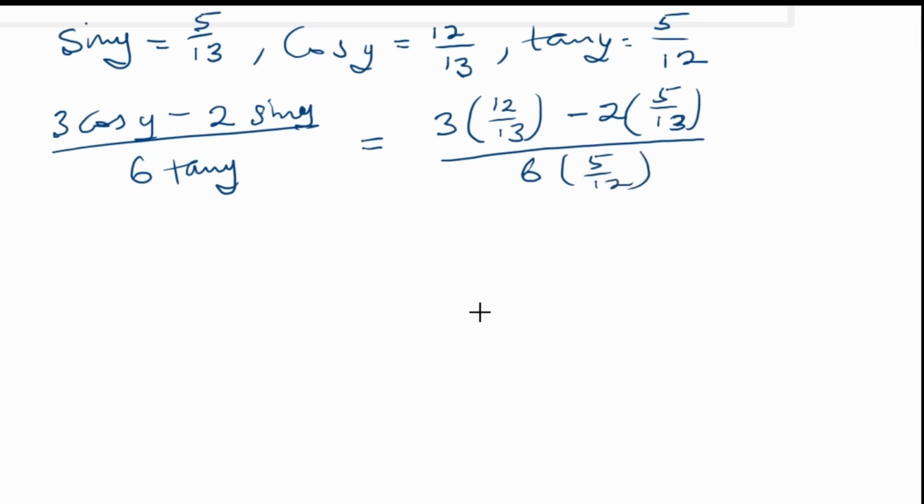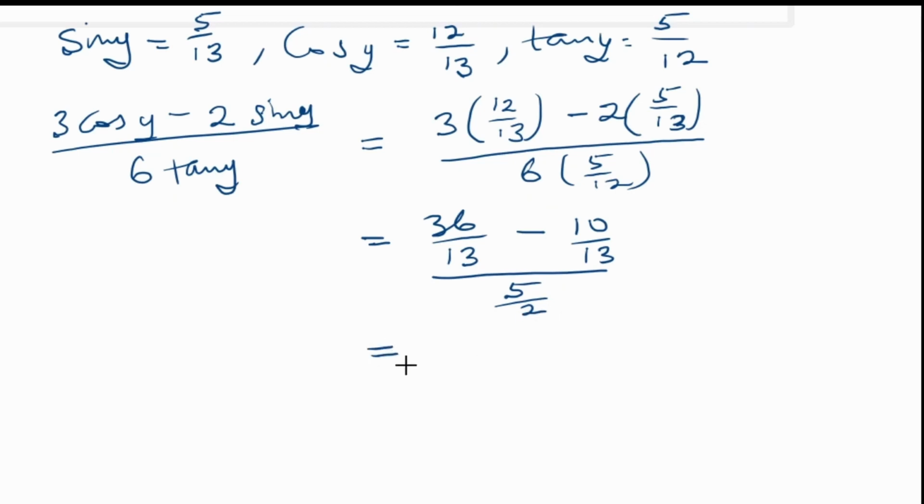Then working it further, 3 times 12 over 13 will give us 36 over 13 minus 2 times 5 over 13 will give us 10 over 13 all over. This will give us 5 over 2 because the 6 will go into 12 two times.